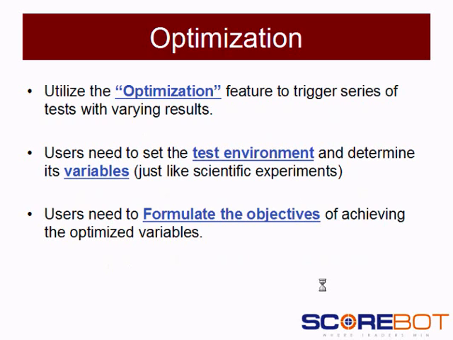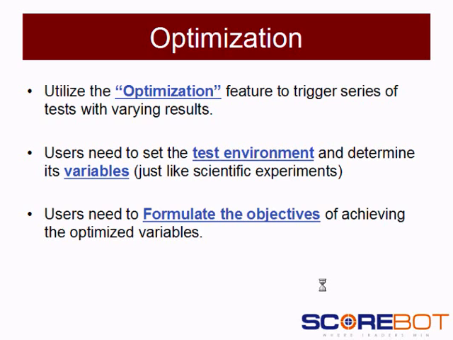So the important way to overcome this is to make use of the optimization feature on MT4, and this is a feature that you can use to trigger a series of tests with varying results, so that you can make very sound and calculated comparisons.